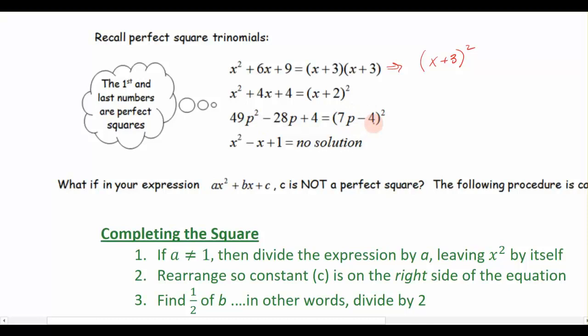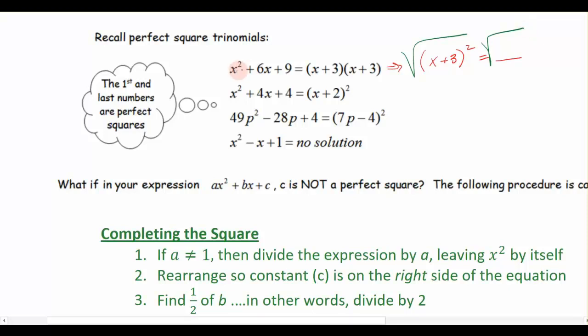Now what that gets for me is, if I have on one side of the equation something that I can factor into a perfect square and rewrite it like this, and that is equal to some other number, then we can go back and apply what we learned about the square root property, take the square root of both sides, and then solve. That's the reason why we're looking at this.